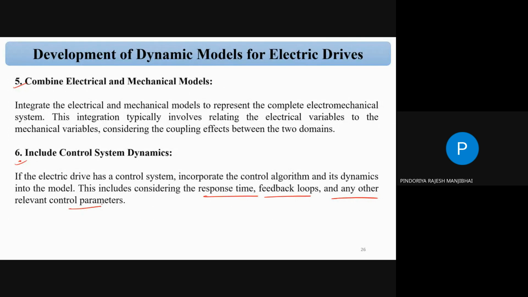Suppose you want to control the temperature, or the friction, anything. Suppose you want to control the movement, that is theta, something like a robotics application. Suppose you want to control a robot arm, 30 degrees, 60 degrees, again 30 degrees. So anything you want to control, correct? So that is the control system part.